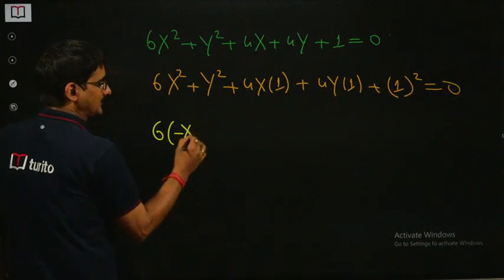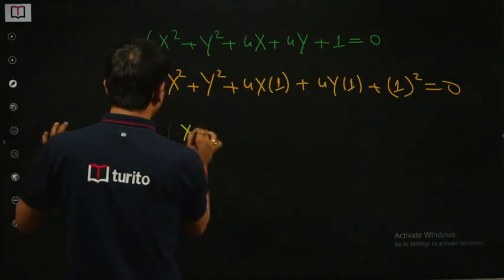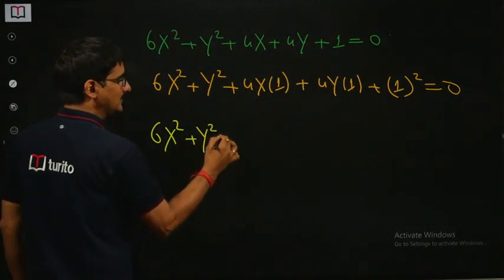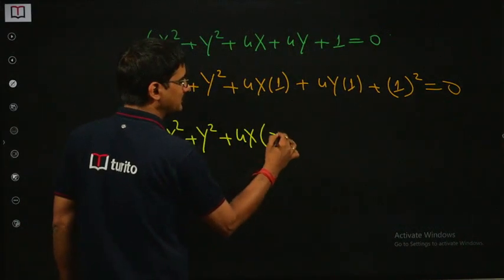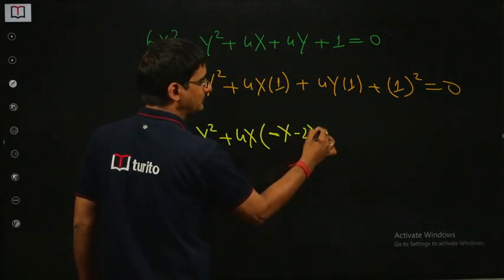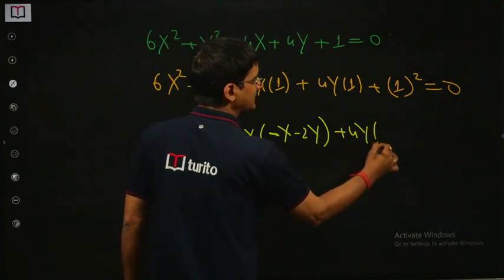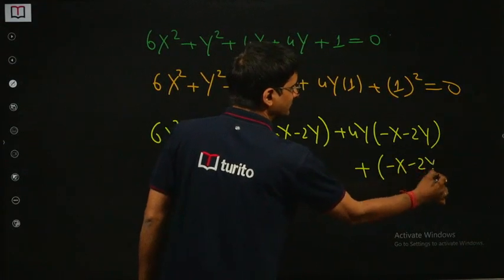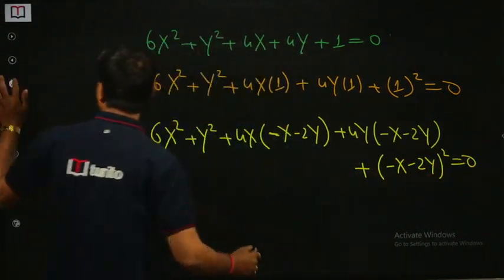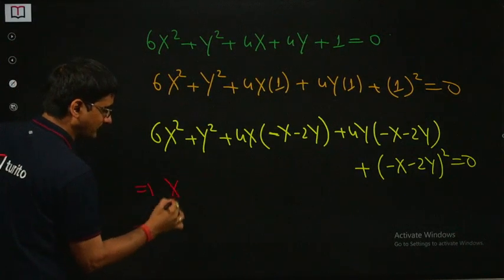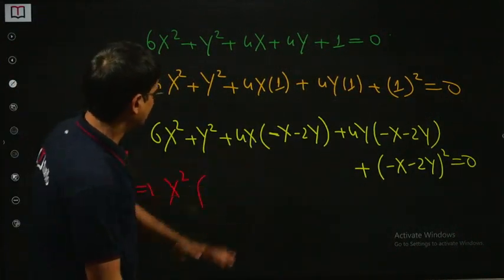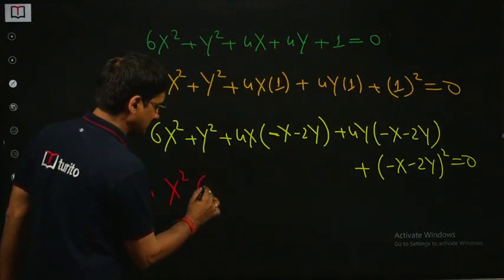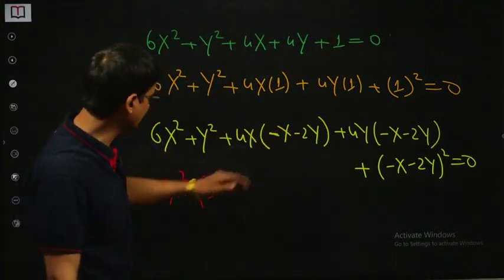So 6 times X square plus Y square plus 4 times X and Y terms, 1 to be replaced by minus X minus 2Y, whole square equal to 0. Now collect the terms. So collect terms of X square: 6 plus 1, 7 minus 4.